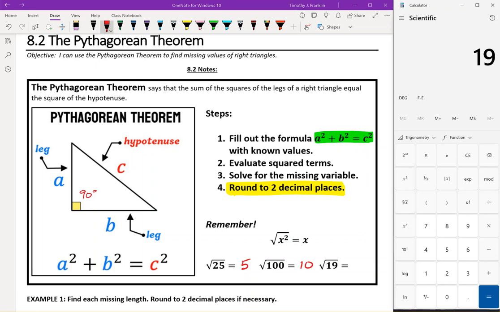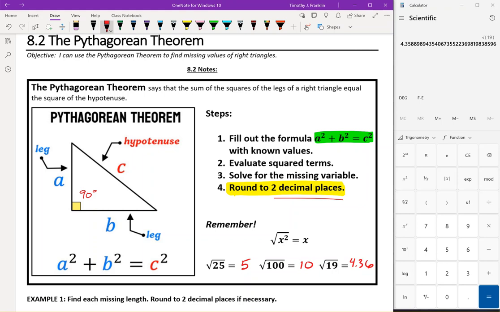But what we can do is use a calculator, take the square root of 19. It's 4.3 and a lot of stuff. So what we're going to do is round to 2 decimal places. So 4.358 would round to 4.36. Just round that second decimal place based on the next value.